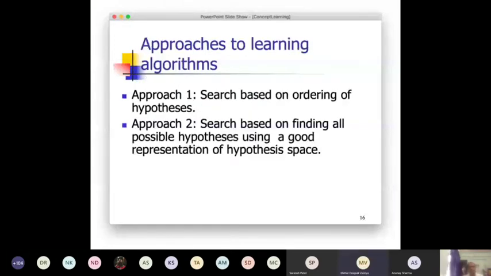So there are two approaches for this kind of concept learning. One is that you can search the hypothesis space using a certain kind of ordering. The other approach is that you can search to find all possible hypotheses using a good representation of the hypothesis space.